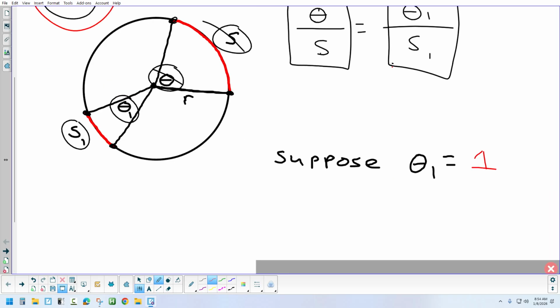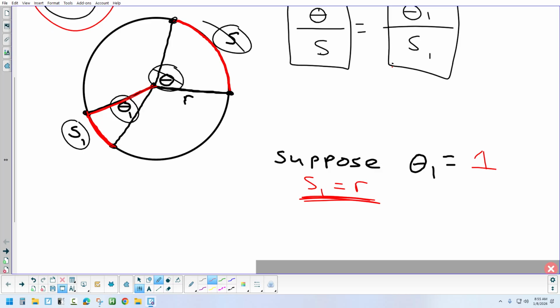So let's write that down. If theta 1 equals 1 radian, then this and that would come out the same. And that's going to be the key right there. The length of the arc will automatically be equal to the radius of the circle.